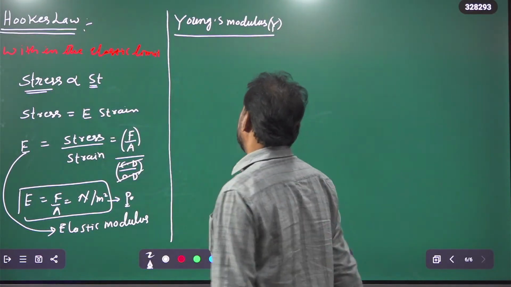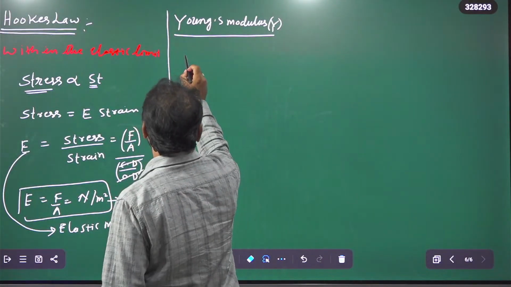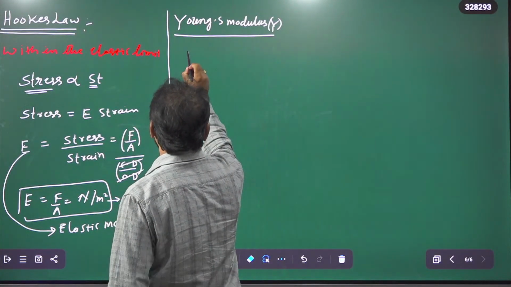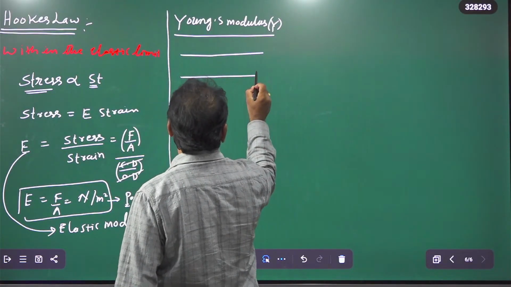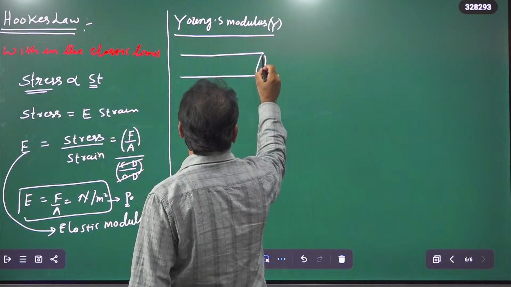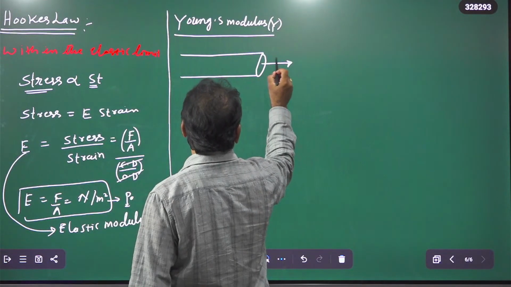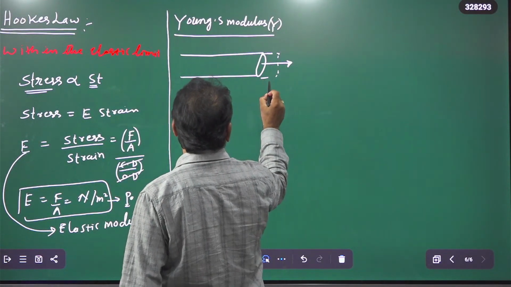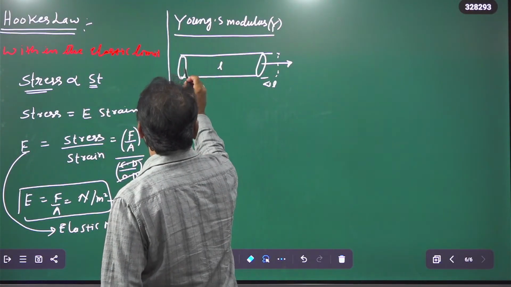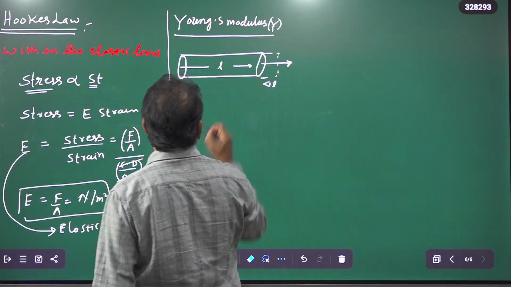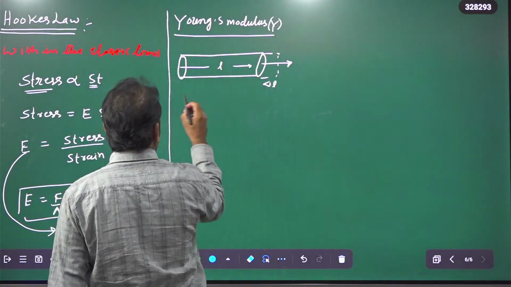Suppose consider a rod. The rod has a force applied, and it has an expansion, delta L. The original length is L, already known. Y would be written as what?